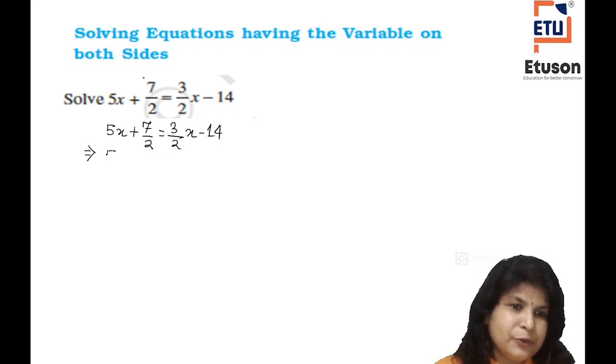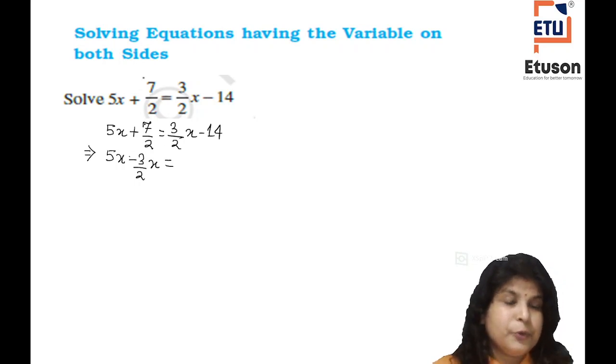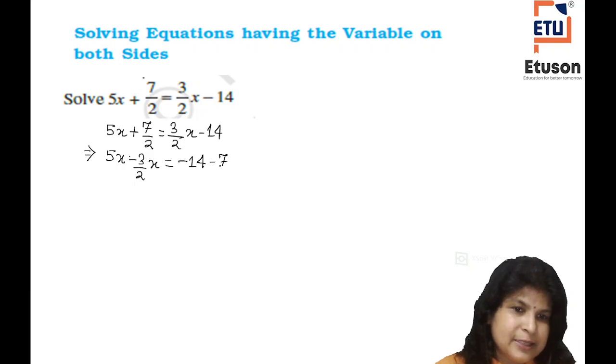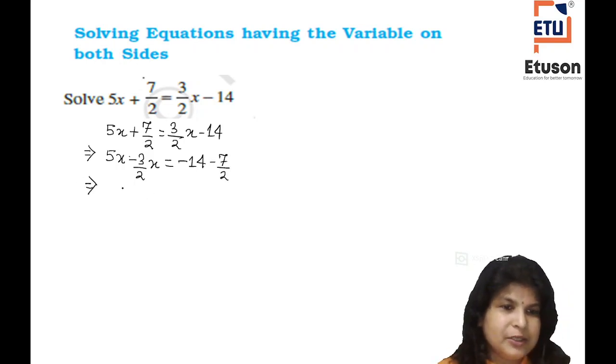Here there is 5x and here there is 3 by 2x. When 3 by 2x is transferred to the other side, it becomes negative, that is minus 3 by 2x. That is equal to, and you transpose the 7 by 2 to the other side of the equation, so it will be minus 14 minus 7 by 2. Correct, children?